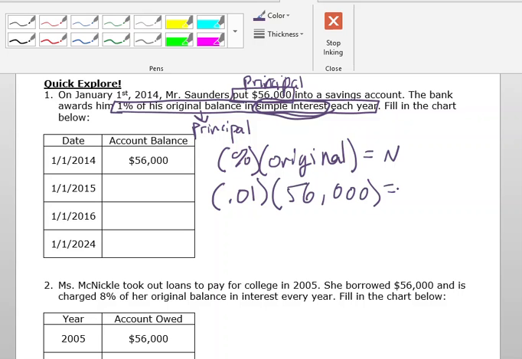So each year, this is earning $560. Okay, so what that means is in 2015, he's going to have $56,560.